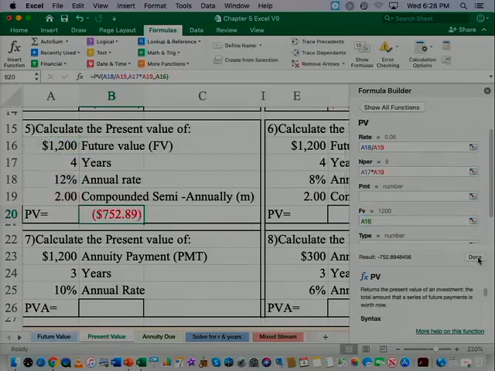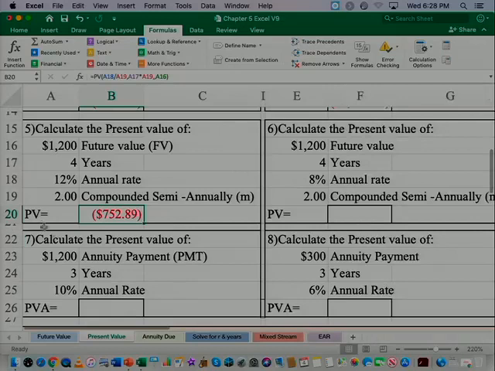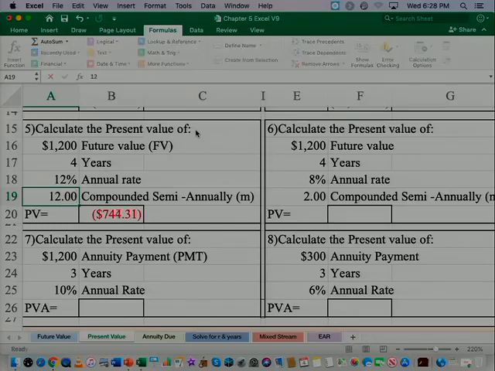And you get 752 is the present value of this annuity. It's not an annuity, I'm sorry, this single sum. But it's compounded semi-annually. If this was compounded once a year, you see that it's discounted less. The more often you compound, the more the discounting occurs.